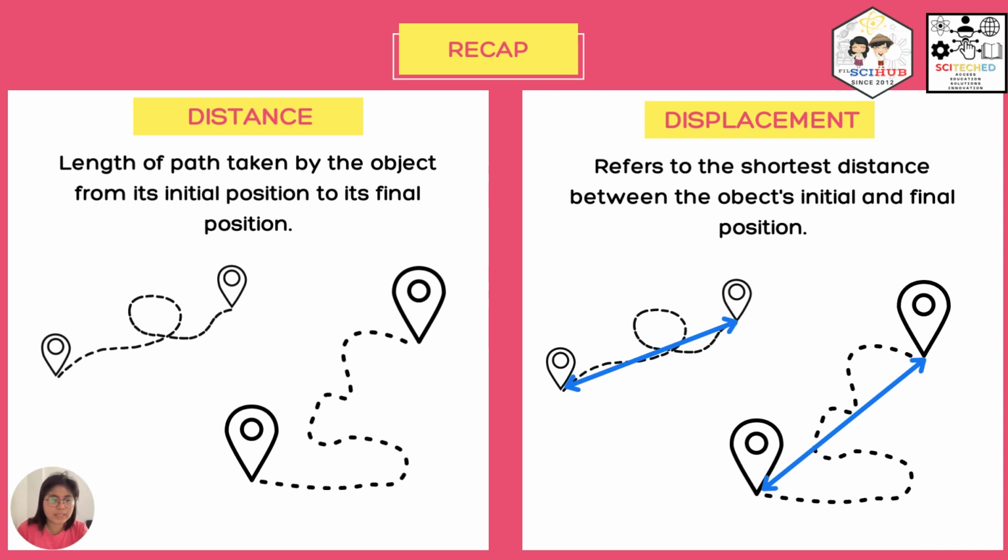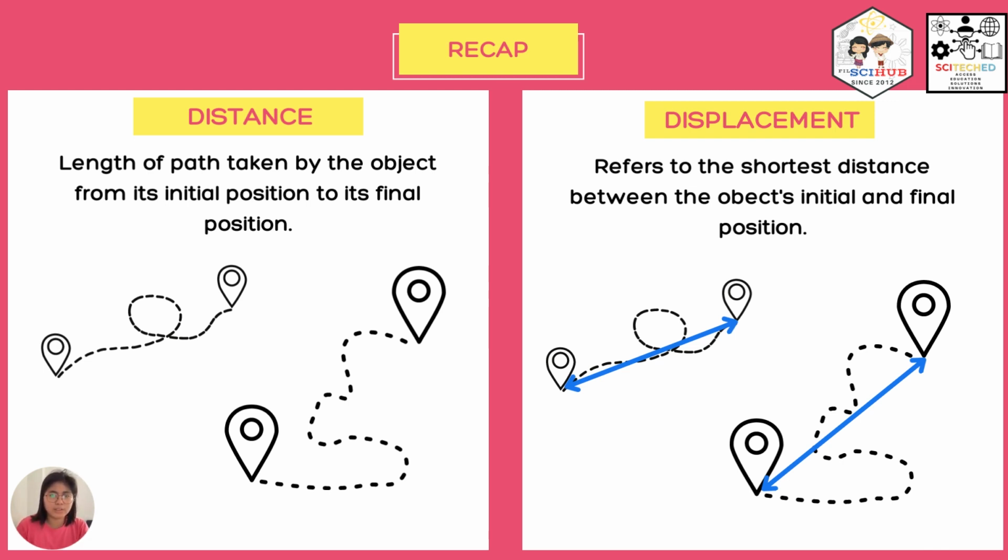So even if you went zigzag, you went through different paths and all that, it is just taking into account position A and position B. We are just concerned with the shortest distance between A and B.